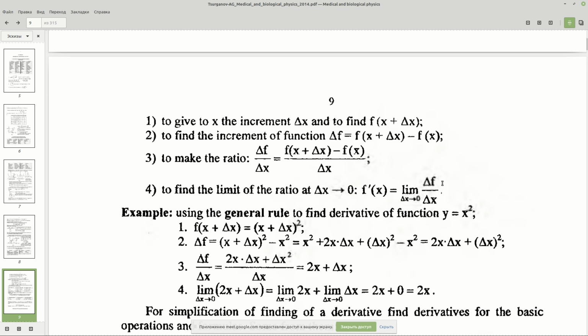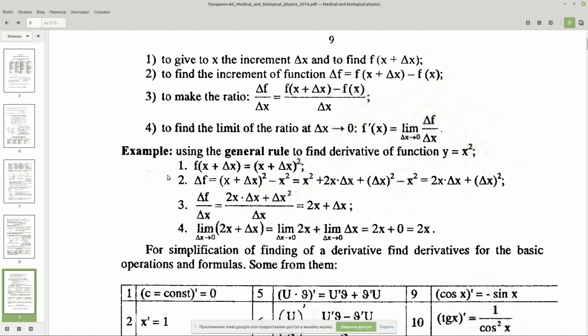For example, when using the general rule to find the derivative of the function y equals x squared, first you find f of x plus delta x, which equals x plus delta x squared. Delta f will equal x plus delta x squared minus x squared.